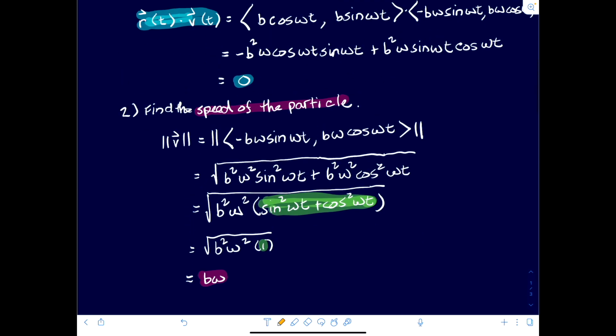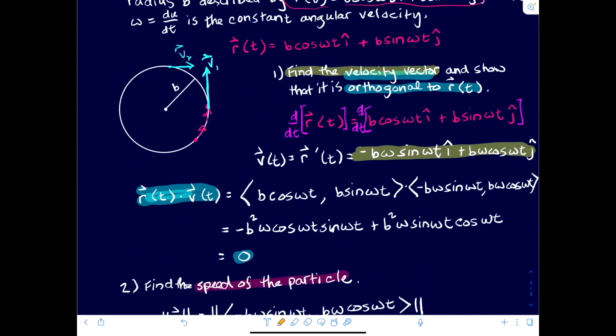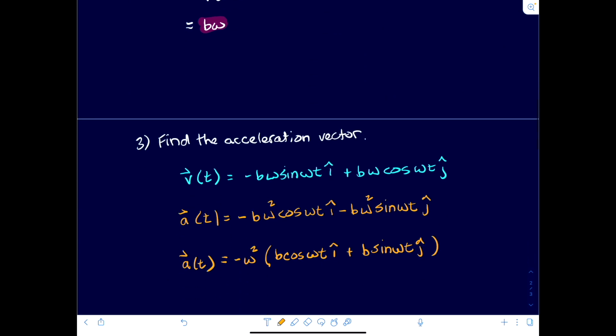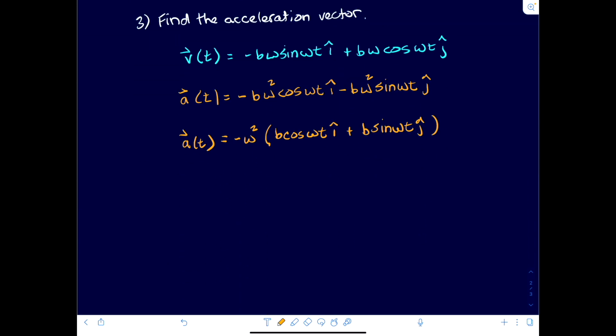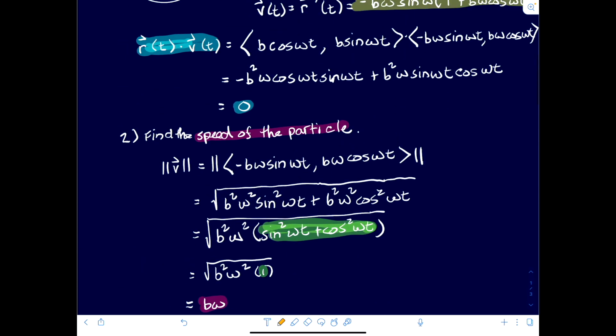And remember that that was our original r, right? And so the acceleration vector at time t will be negative omega squared times r at t, right? Well, what is that going to tell us about the direction, right?